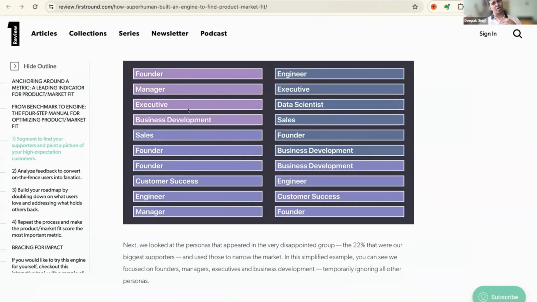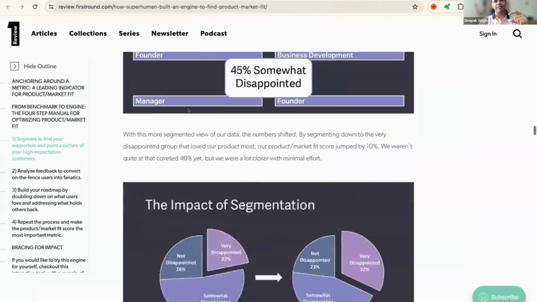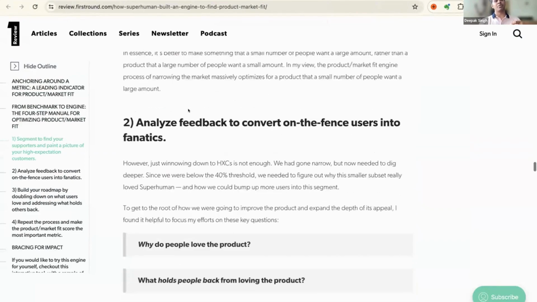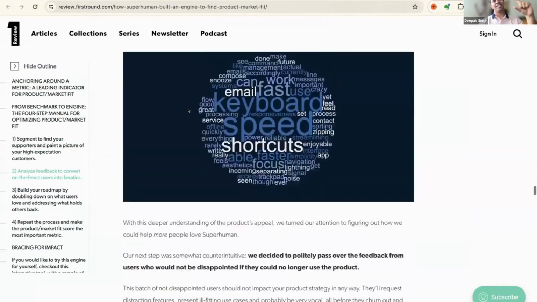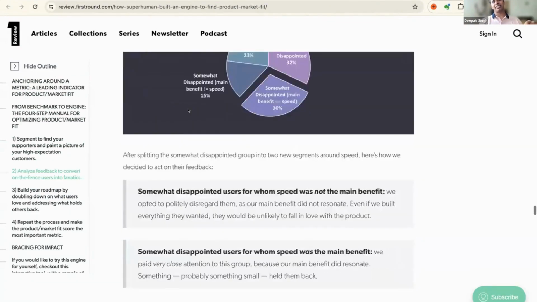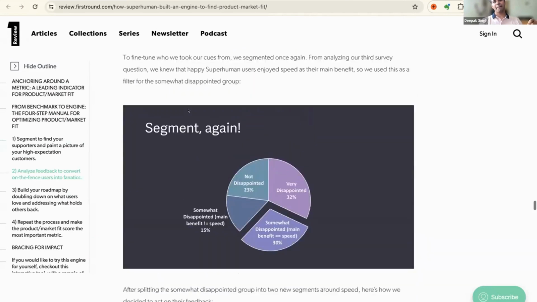And then there are the fence sitters. So they classified them. They understood why people loved their product: keyboard, speed, fast, shortcuts. And they doubled down on these things.